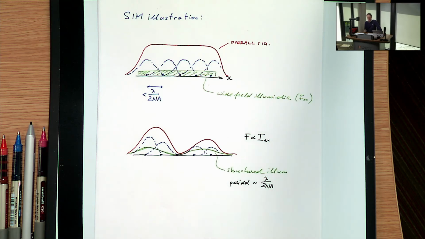Typically one would have the first image with phase 0, let's say, and then 120 degrees and 240 degrees, or 2 pi over 3 and 4 pi over 3. So you have the first one at 0, then at 120 degrees, and at 240 degrees.